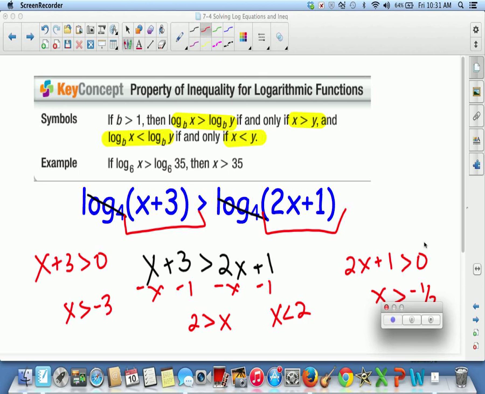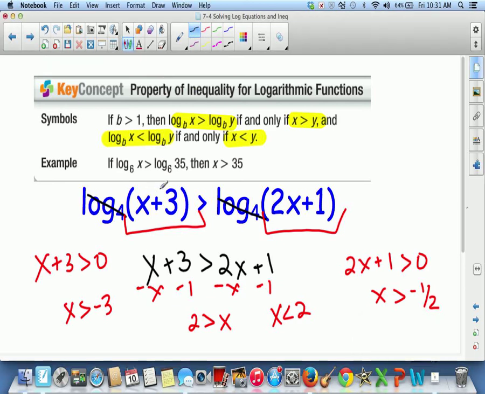So when you do this, you have to decide which one of these you're going to use. Are you going to use X is greater than a negative 3 or X is greater than a negative 1/2? So let's choose something in between negative 3 and a negative 1/2. Let's choose negative 2. So does negative 2 work to make these positive?